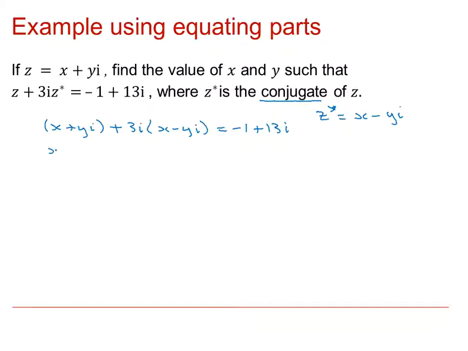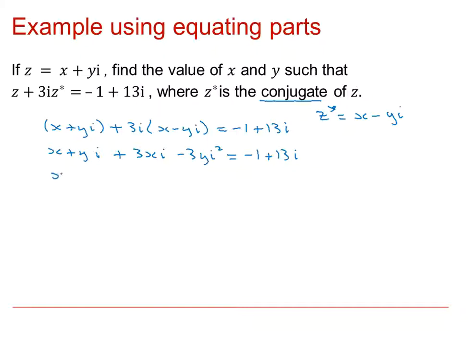So we've got x plus yi plus, and now I'm going to expand the brackets, so we've got 3i times x, so that's 3xi, minus 3yi squared is minus 1 plus 13i. If we look at this term first, i squared is minus 1, so this term becomes minus 3y times minus 1, which is plus 3y.